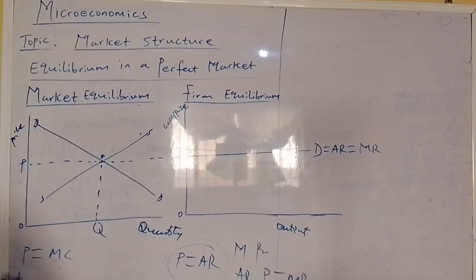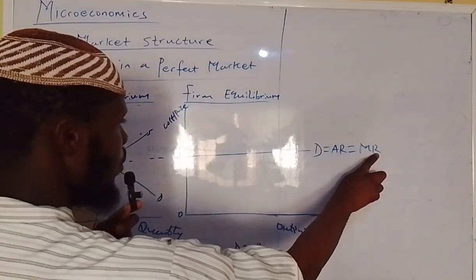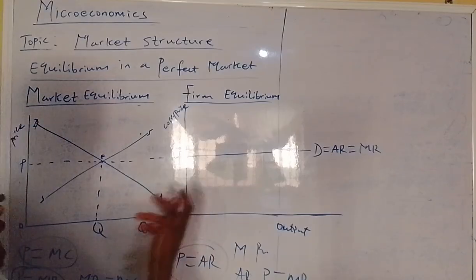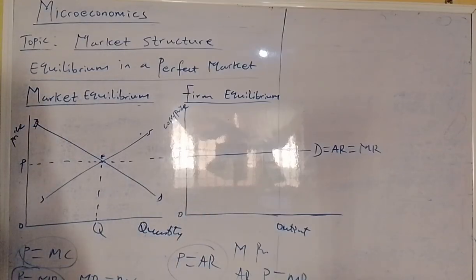But because the price is equal to marginal revenue under perfect market only, don't forget this is only true for a perfect competitor, this can be rewritten as marginal revenue equals marginal cost. Marginal revenue equals what? Marginal cost. Now, what I'm going to do is draw my marginal cost curve.